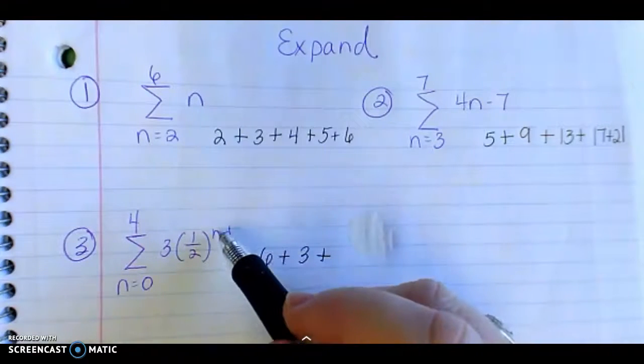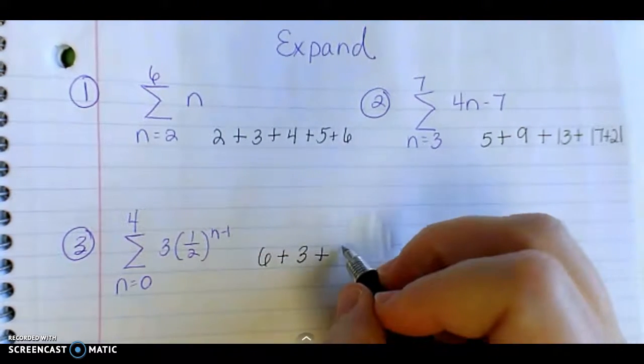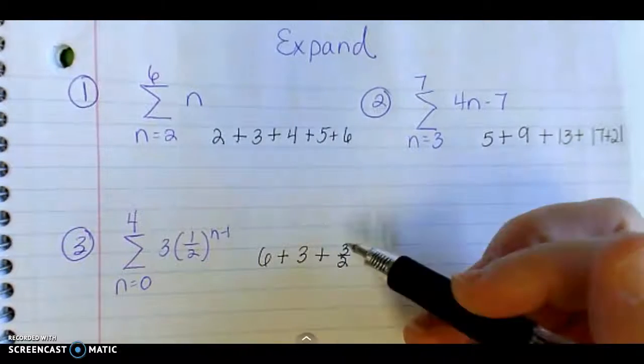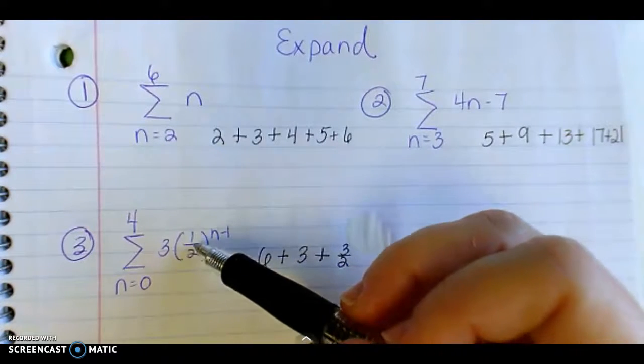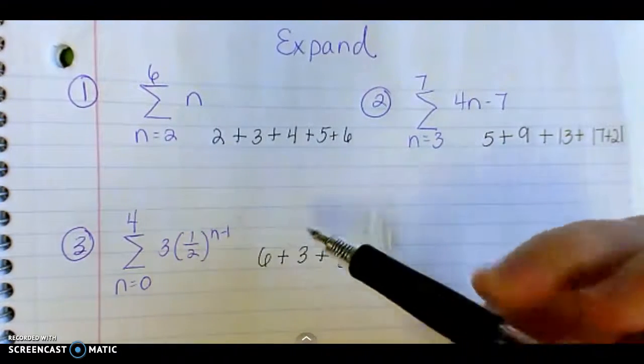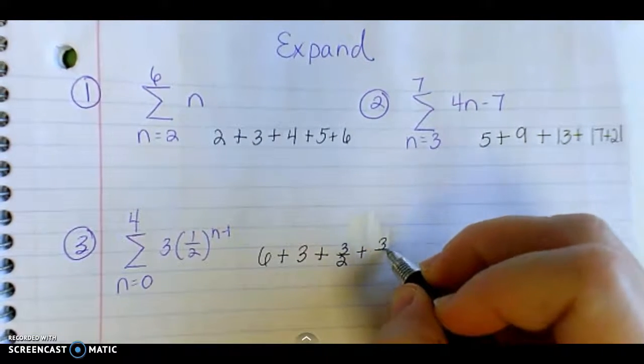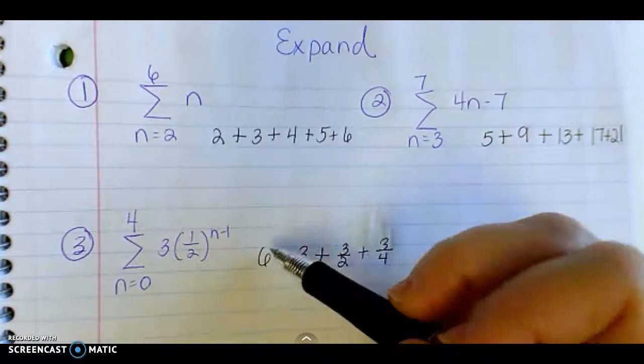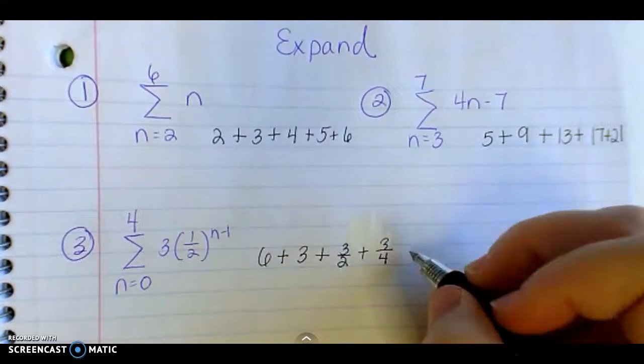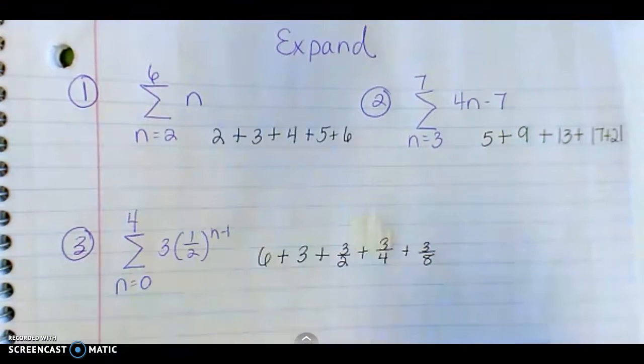Now I'm going to plug in 2. And if you already know that this is going to be a geometric series, and you're dividing by 2 or multiplying by half, you can just divide by 2 until you get to that many terms. So divide by 2 again. So this is 0, 1, 2, 3. We need to do it one more time. And so that would be how you would expand that.